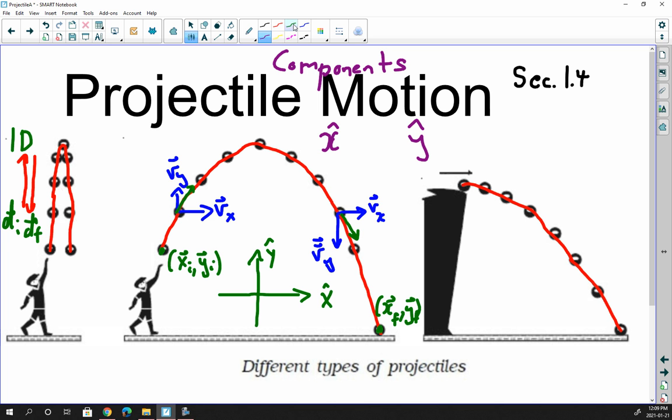Similarly, we're going to have to talk about the acceleration of this object. Now, since we're on the planet Earth, you know what the acceleration is. It's g. And it's negative 9.8 meters per second squared y hat. When we ignore air resistance, that is the only acceleration.